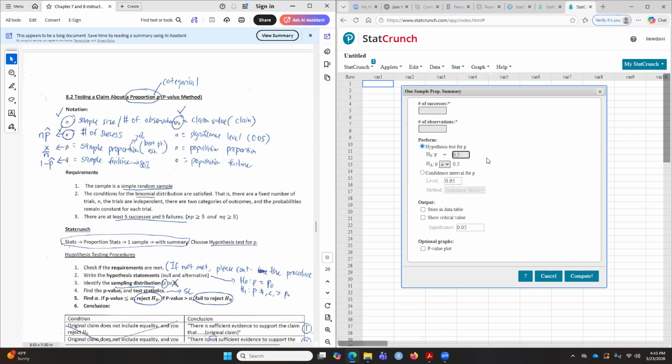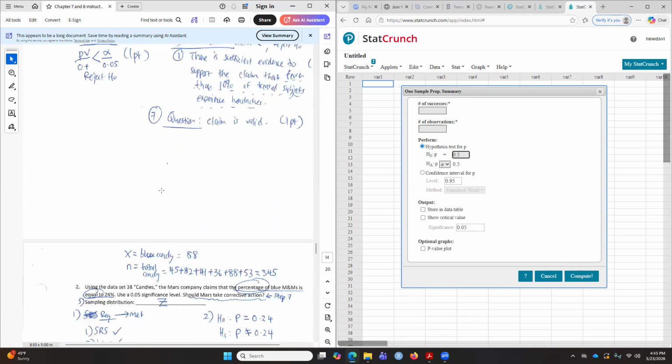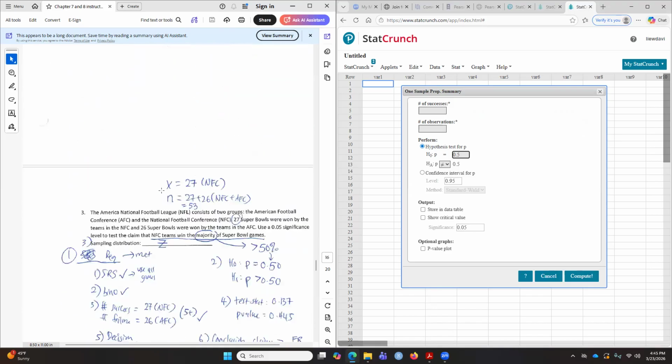This number right next to it is what we call the claim value. The question will give you the claim value, and usually it is in the claim statement. For example, let's say number 3 here.